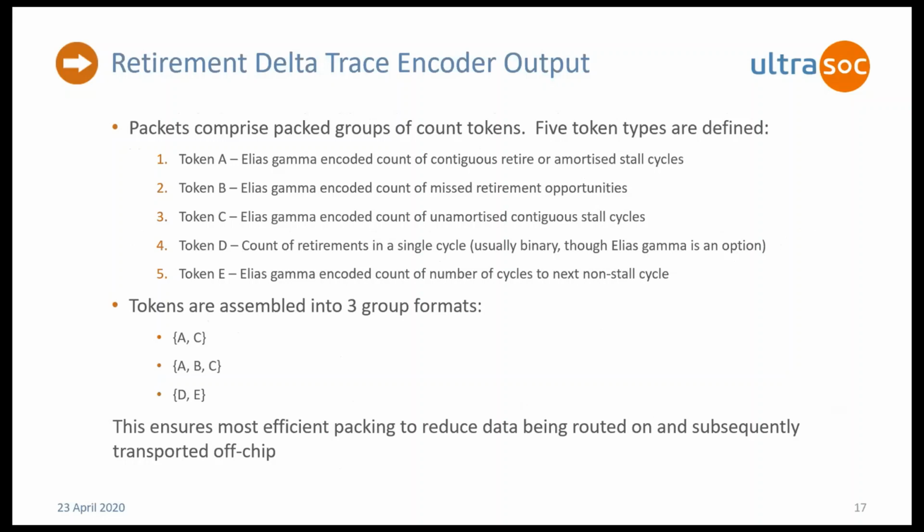We define 5 different token types, A through E, and each token is then an Elias gamma encoded count of something, and then we pair tokens together in groups to achieve efficient packing.